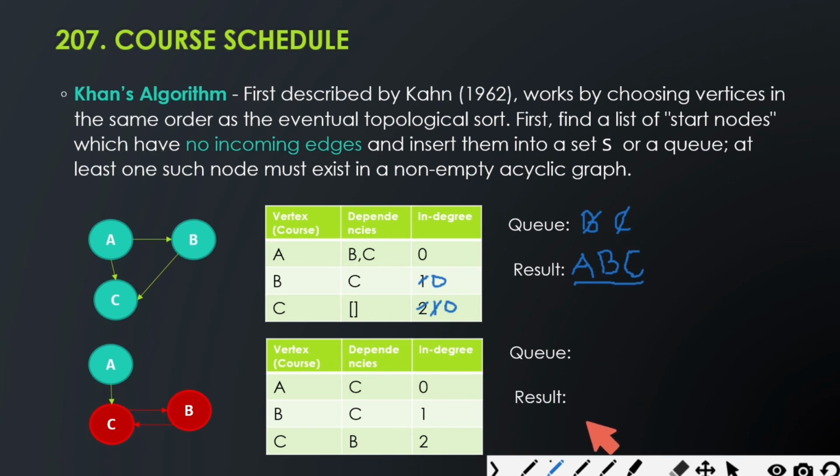Let's use a different color. A, and then we're gonna pop A from the queue, add it to our result, and look at the dependencies for A, which is C, and we're gonna reduce that to 1.